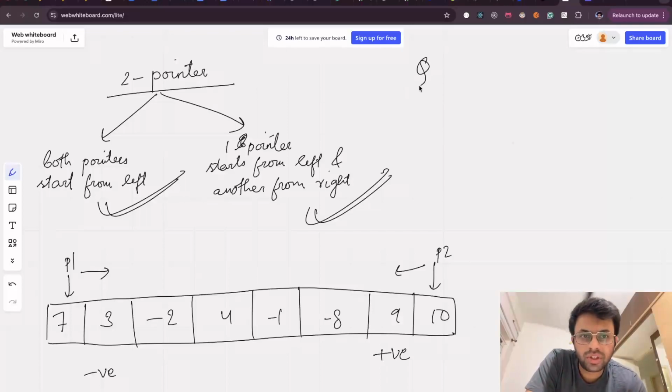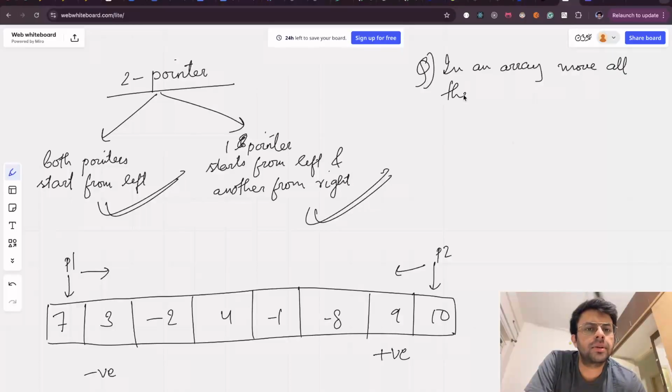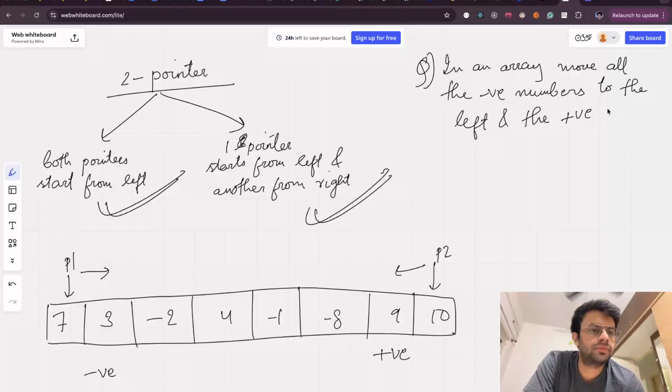The question was: in an array, move all the negative numbers to the left and the positive numbers to the right.